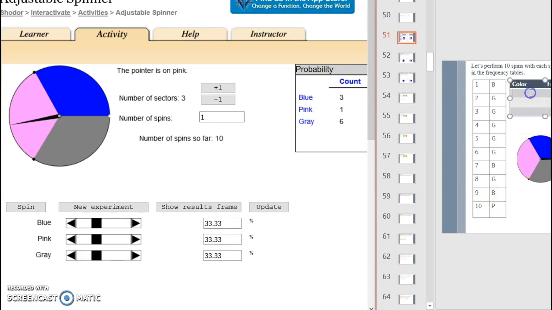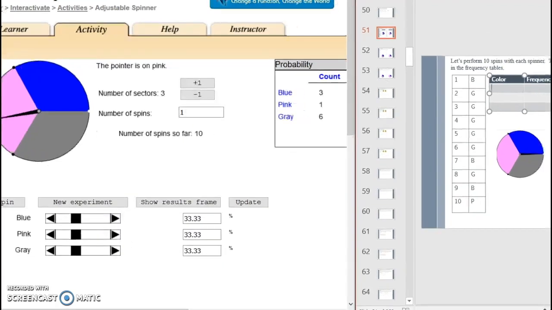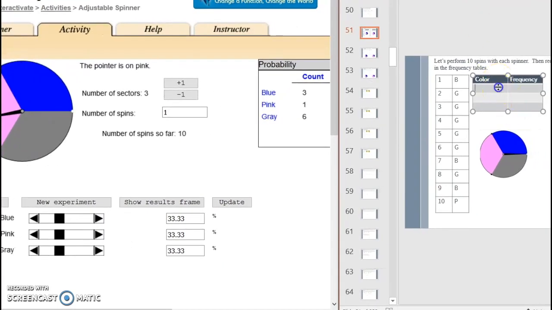Okay. So of the colors, I'm just going to move this over a little bit so that we can see. Of the colors, we had blue, pink, and gray. The frequency in which we got blue was 3. The frequency in which we got pink was 1, and gray was 6.